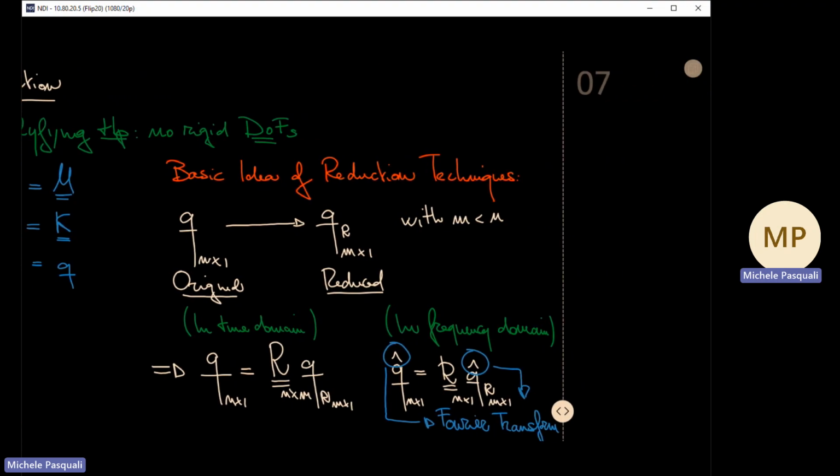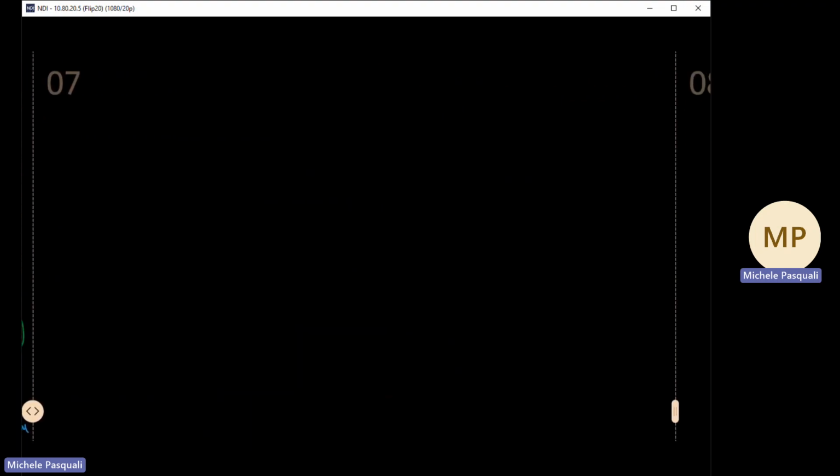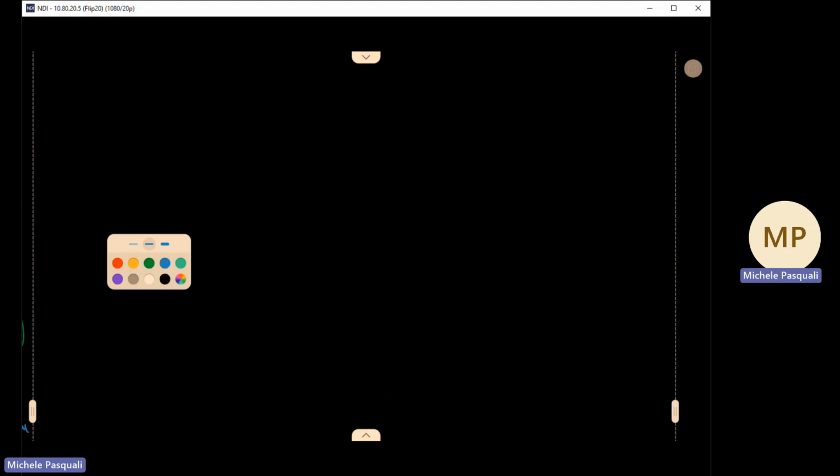All right, so it seems to be super simple, and it is, but it is super useful as well. Of course, in so doing, there are some hypotheses, so we cannot do it the way we want. The first hypothesis is that the kinetic and the elastic energy associated to the original system must be retained completely in the reduced system. So it means that the reduced order model has to possess the same kinetic and elastic energy of the original model when we do the reduction.